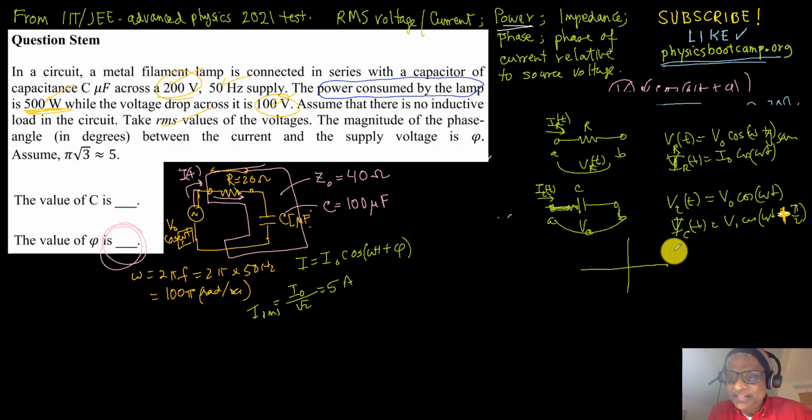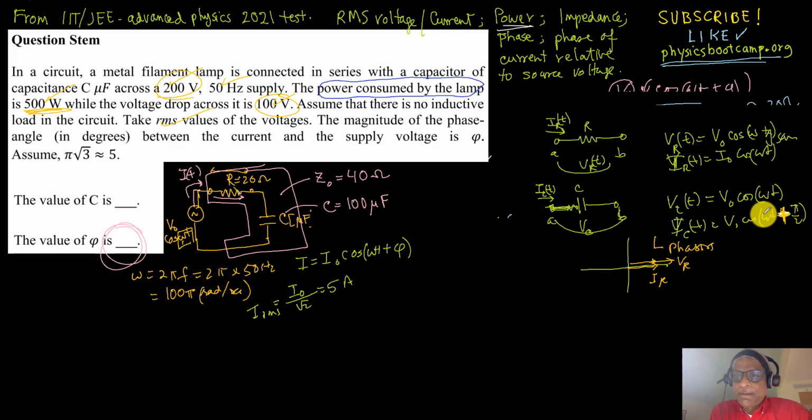So this is the complex plane. You can draw what are called phasors. We've talked about that in an earlier video. So if, say, this was the current IR, then the voltage is in the same direction.